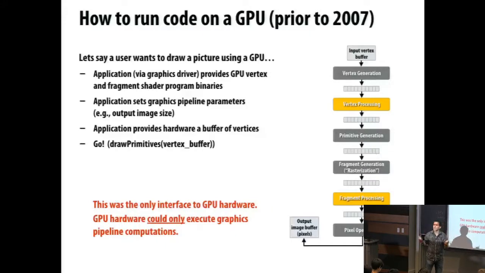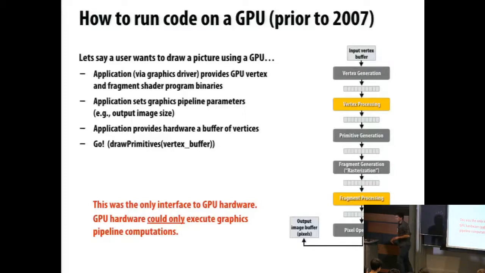You don't think about threads, execution contexts or cores. The only interface to the hardware was, here's the kernel, here's a list of vertices and some extra camera parameters and whatnot, go. This was the ISA. There's nothing else. You could not use the GPU to do anything else but this.